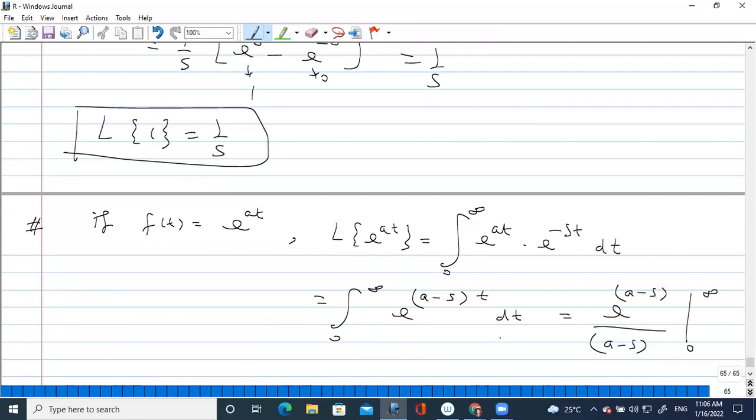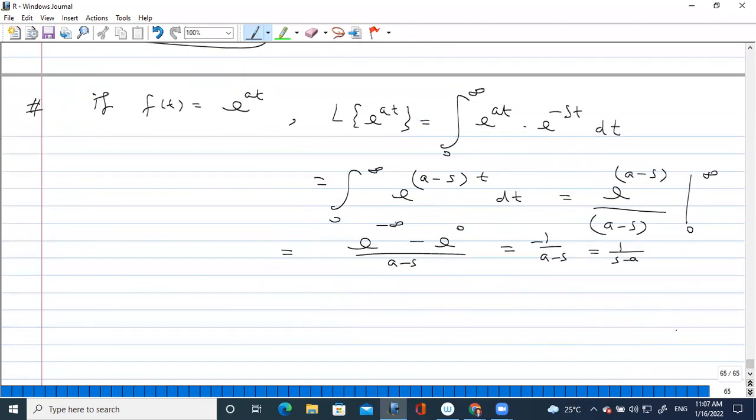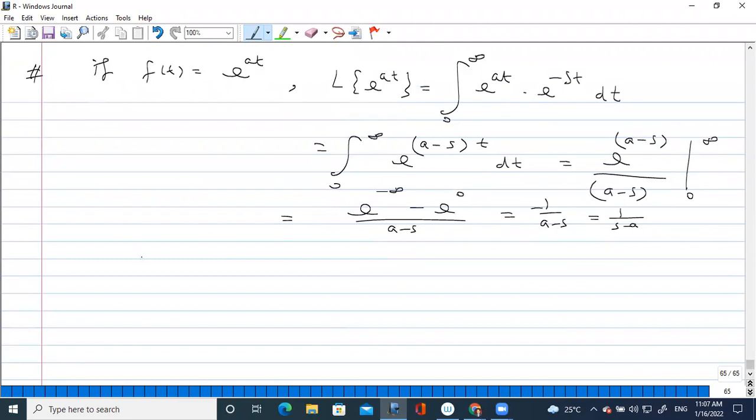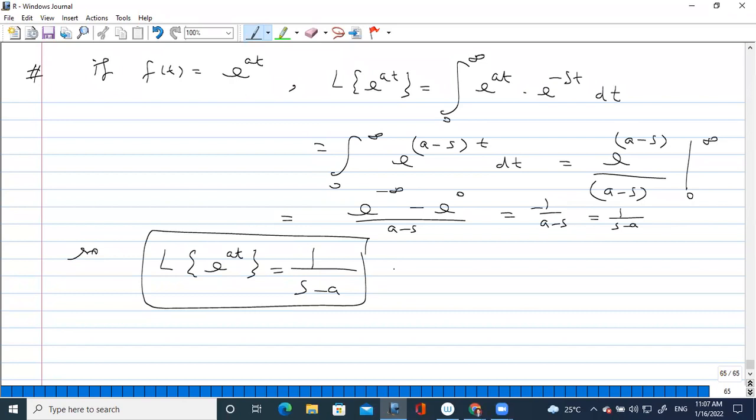So if you put in infinity, e to the power minus infinity, and minus e to the power 0, and divide by a minus s. So e to the power minus infinity is 0. So this is minus 1 by (a minus s). It means it will be 1 by (s minus a). So hence you can get one direct formula. So Laplace of e to the power at will be 1 upon (s minus a). So like this you can find this. Okay, note down this quickly.